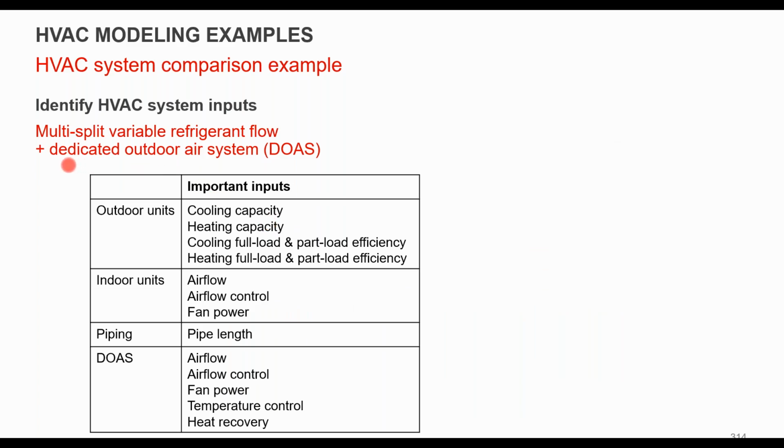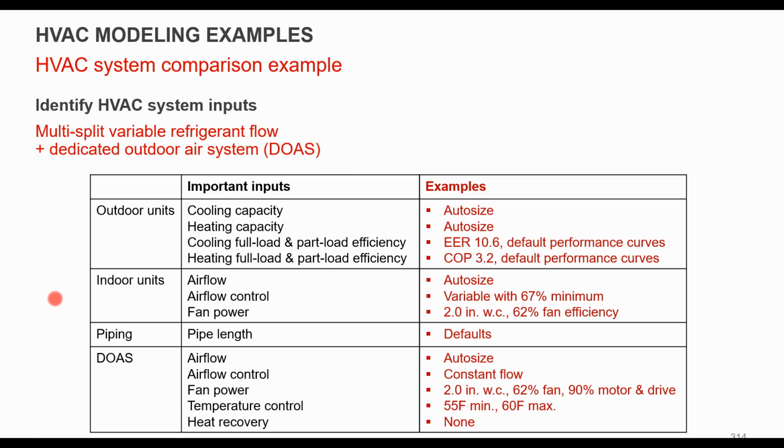So inputs here, again, similar, but you have a DOAS that you're adding on top of that. So again, in this case, we're just looking at a constant speed DOAS that does not have heat recovery. So a couple critical things to look at that you're not doing that.